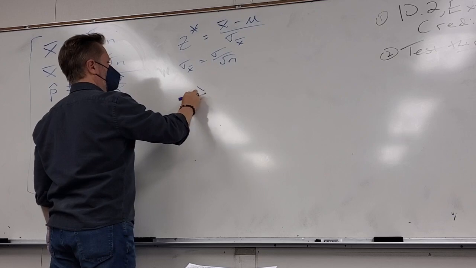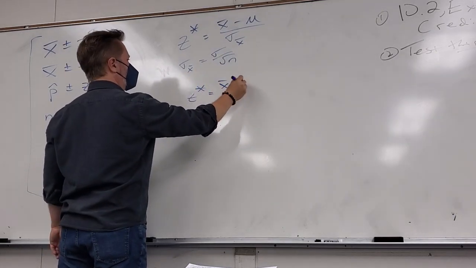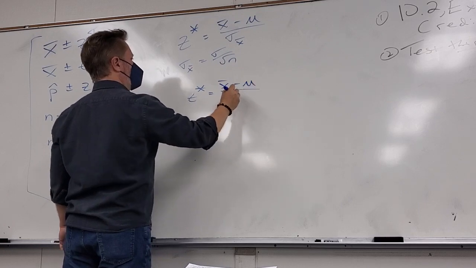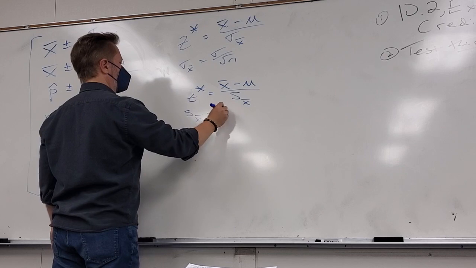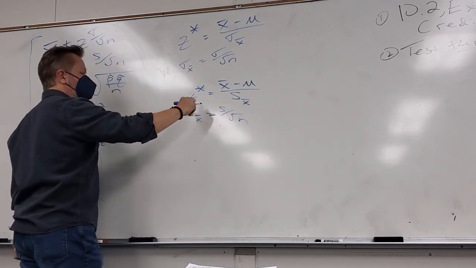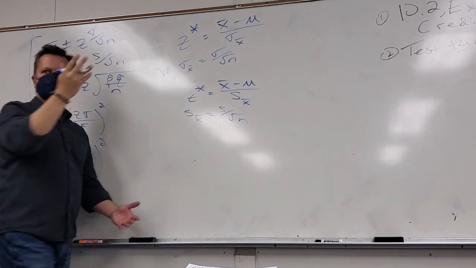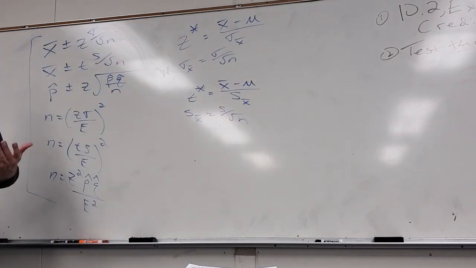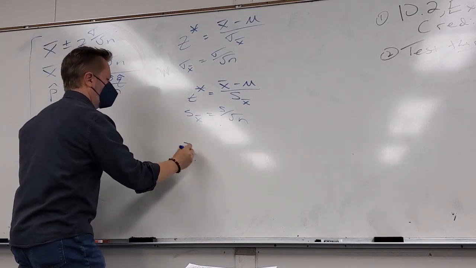If I have a t problem, the formula really is the same, except you're going to get this. Obviously, if I'm using t-scores, that means I only have s, so instead of sigma, I'm going to have s. Not a real big surprise. And then, of course, we got the brand new formula.